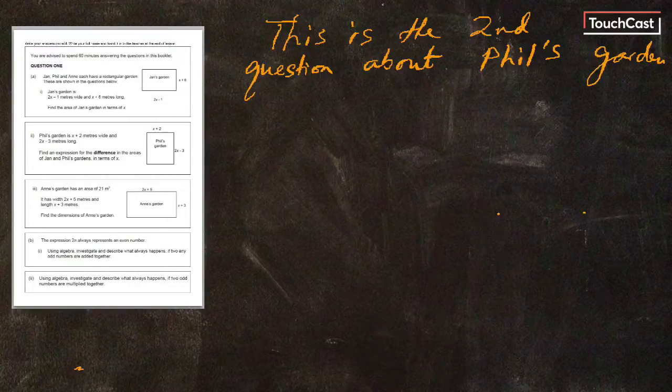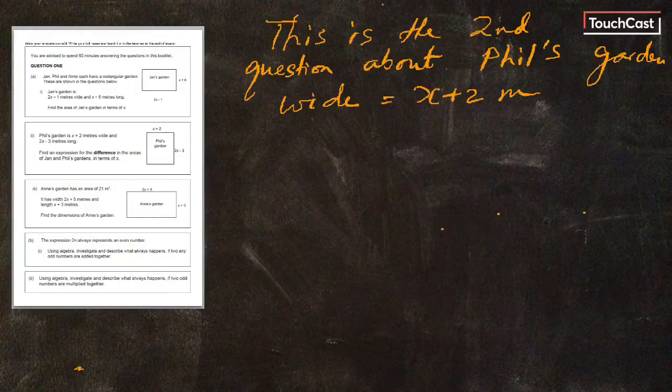And once again, how wide the garden is. It's x plus 2 meters, and how long the garden is. It's given 2x minus 3 meters.